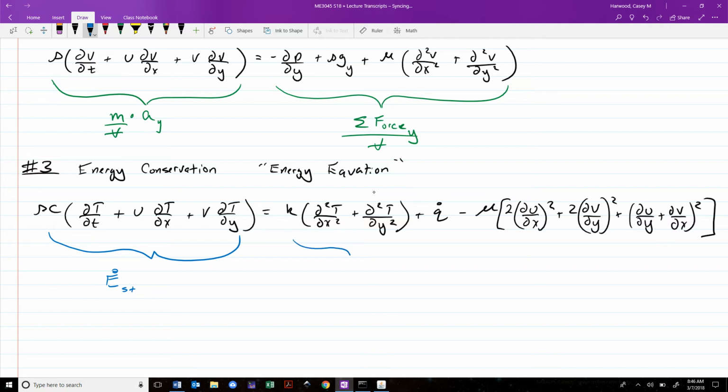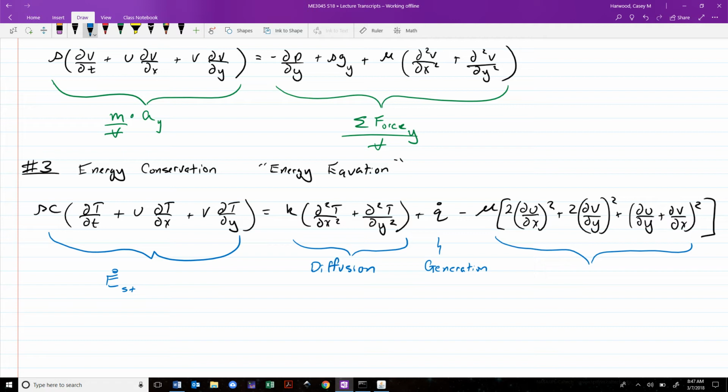Let's finish writing this here. Diffusion, generation, and then this mu. Anyone have any guesses as to what, broadly speaking, this mu term could physically represent?